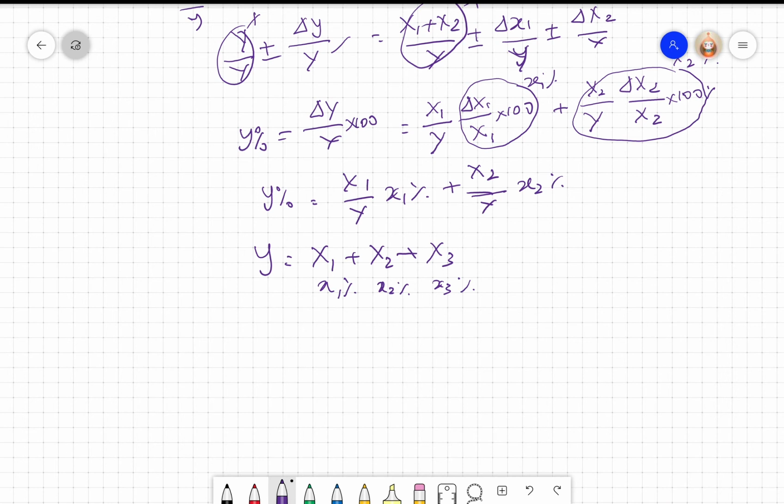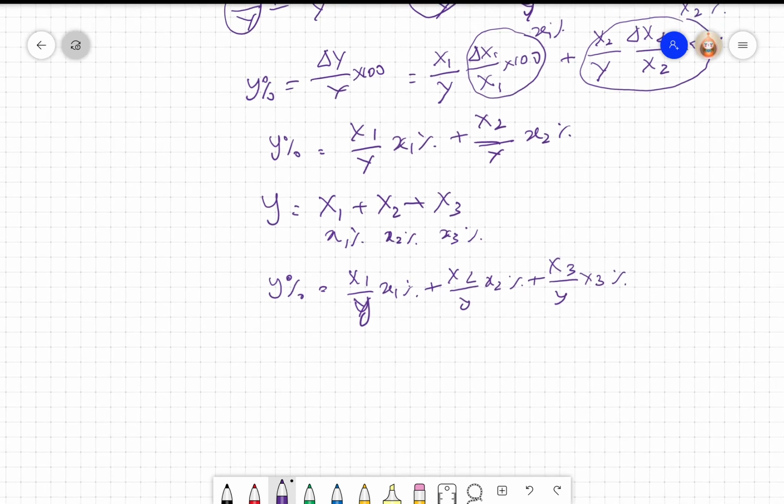Then we can write the percentage error in y would be x1 by y into x1 percent plus x2 by y into x2 percent plus x3 by y into x3 percent, right? So we can extend this to any number of variables.